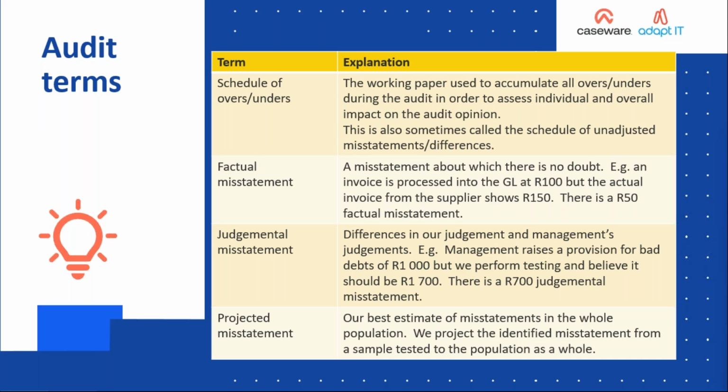These are going to pull in your journals of overs and unders, and then it helps you decide on the impact on your audit opinion. It also will help your team to decide on the way forward for an engagement.